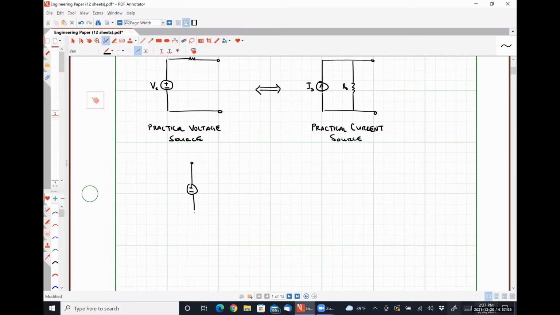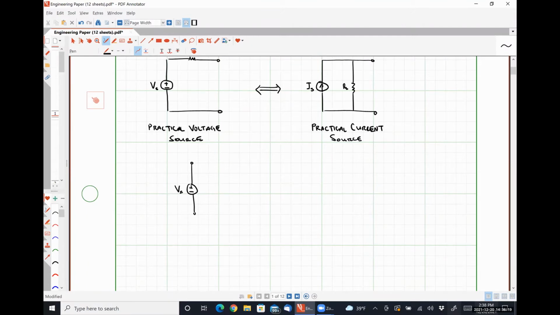So for an ideal voltage source by itself, is there a constraint on the amount of current that can flow through this? None whatsoever, right? We could have an infinite amount of current flowing through this guy, right?